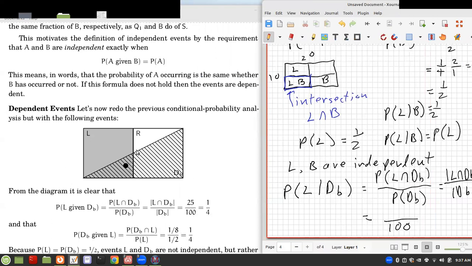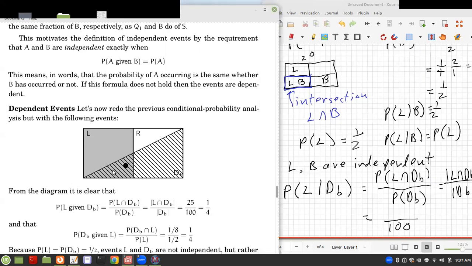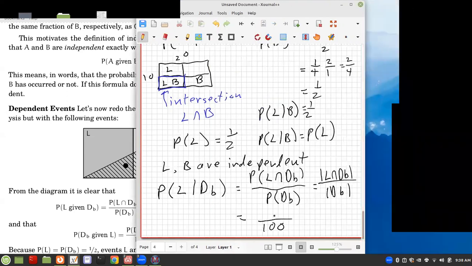Since this came down halfway, this triangle is going to be 1/4 of the L. Instead of 200, this is 100, so there's going to be 50 up in this square, 50 up here and 50 down here. So half of 50 is 25. So this is going to be 25 over 100, or 1/4.